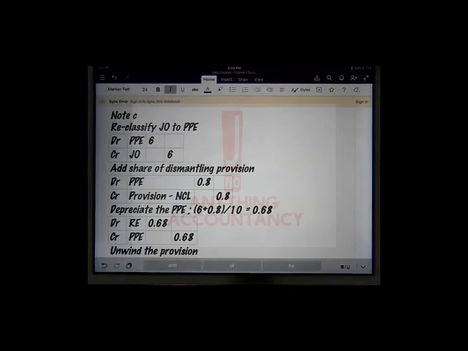Take the cost plus the dismantling 2 million, 40% of it over 10 years. Should be the same. Let me try and see. 15 plus 2. Same. Are you clear? Any questions there?